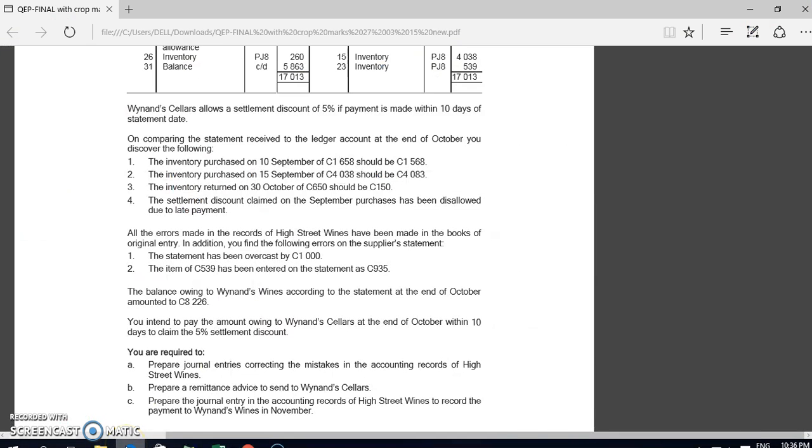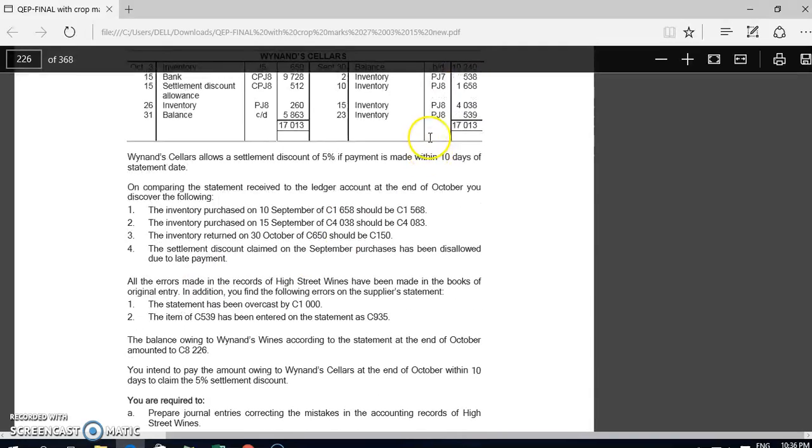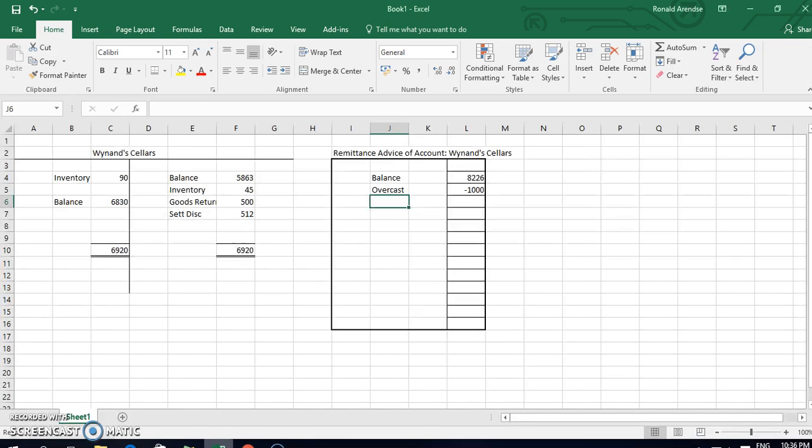Then it says that the item of 539, which was that item over there at the top, remember, was recorded as 935. So we purchased for 539. They said we recorded for 935. So we of course have to decrease the statement with the difference.